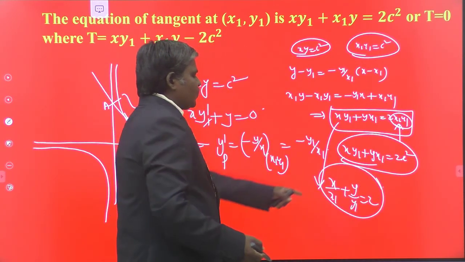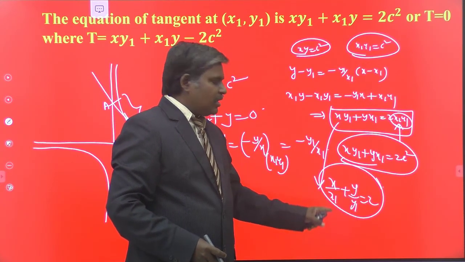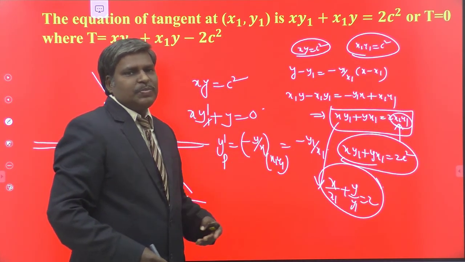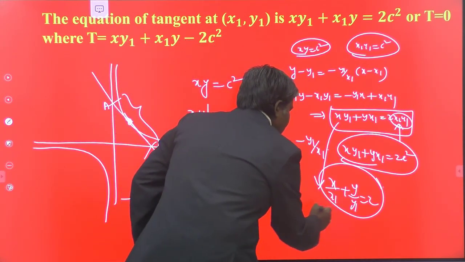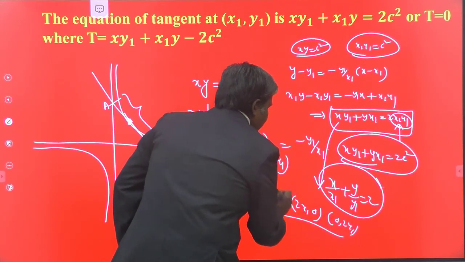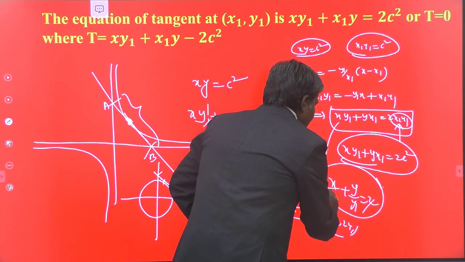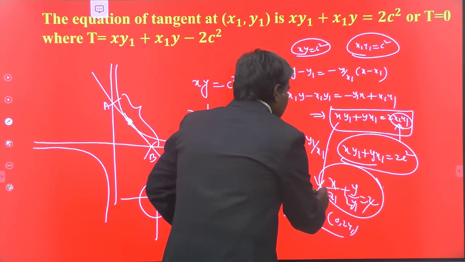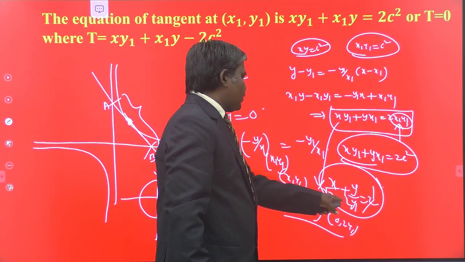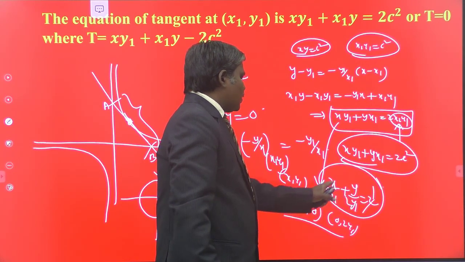So x by 2x1 plus y by 2y1 is equal to 1, which is the intercept form. The x-intercept is 2x1, the y-intercept is 2y1. So A is 2x1 comma 0, B is 0 comma 2y1. Its midpoint is x1 comma y1.